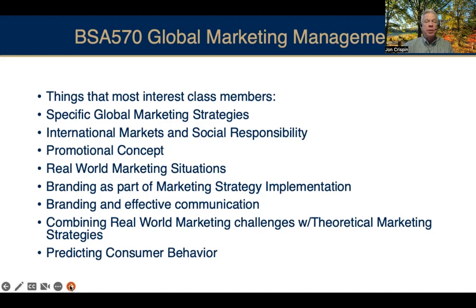The last is predicting consumer behavior. Boy, if you can figure that out, you've got a free ticket to everywhere. Consumer behavior, what they found out, is not a straight line, logical progression of thoughts and decisions. It is all over the place, and you can get a decision out of a customer about your product at any place along the product purchase continuum.